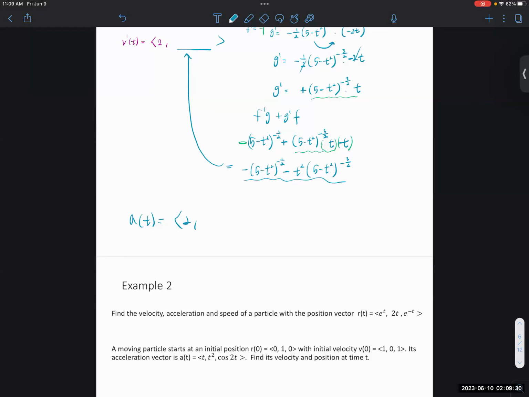We have negative 1 over radical (5 minus t²), because I flipped negative to the positive, minus we have t², and you have 3 radical (5 minus t²). So actually here, my bad, this is the third. This is going to be the second. You don't need to change this, or you can just leave it here. That's fine. So this is the acceleration.